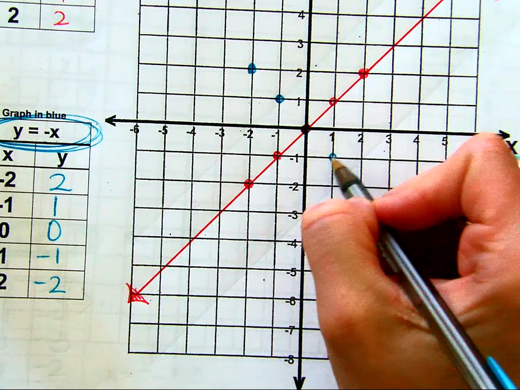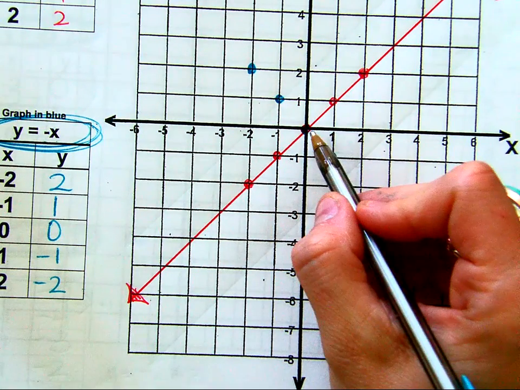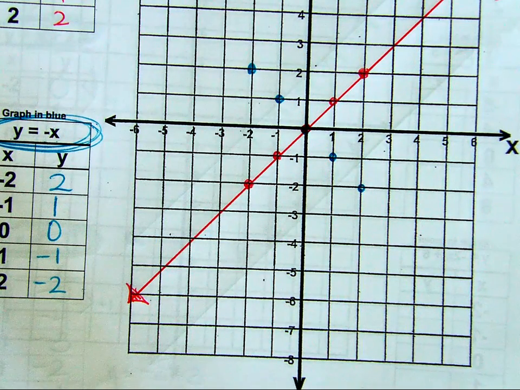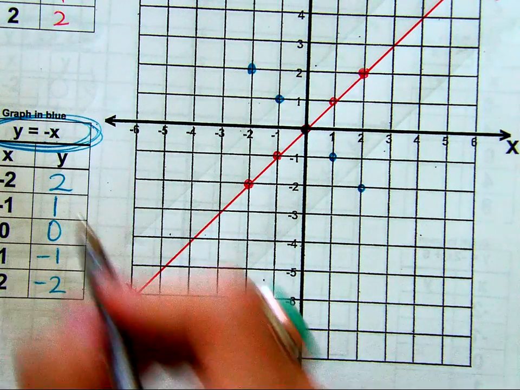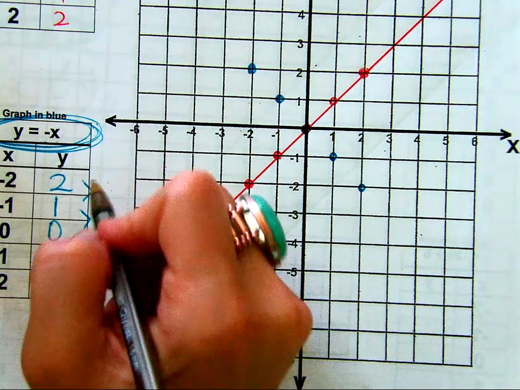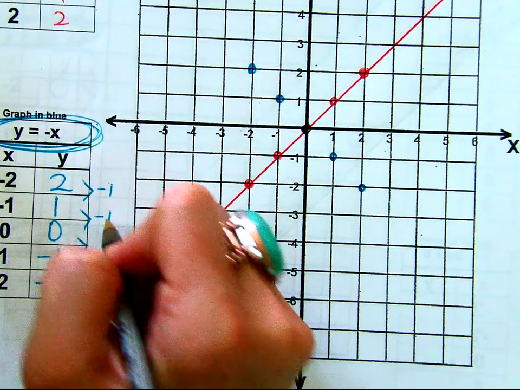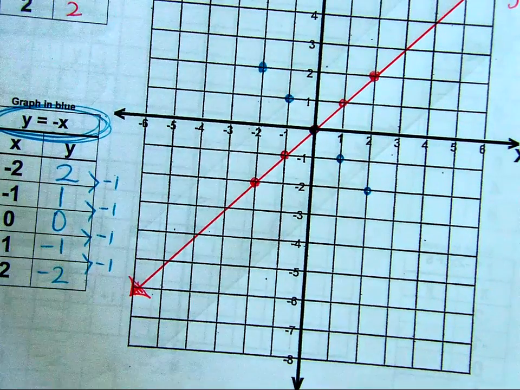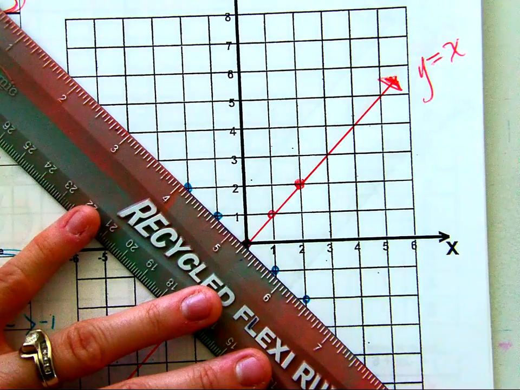And 2, -2. So, again, they should all be in a line because this rate of change is constant. It's going down 1, right? Each of these is going down 1. So when I connect this, you almost have like a perfect little X.